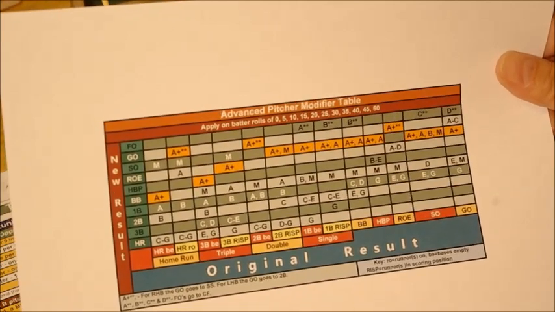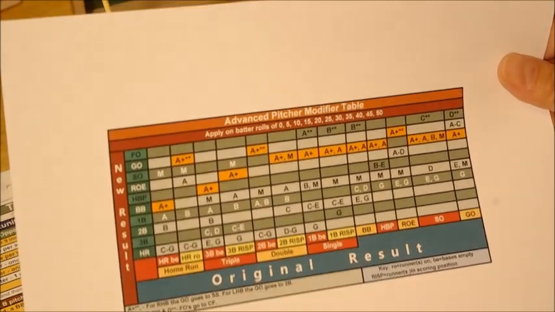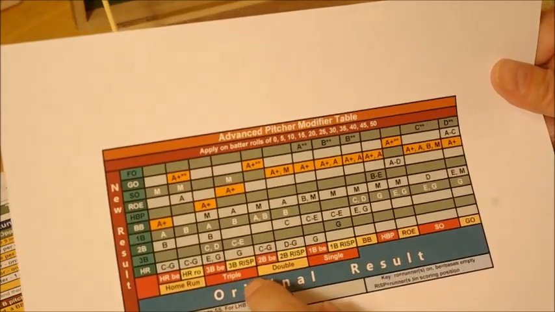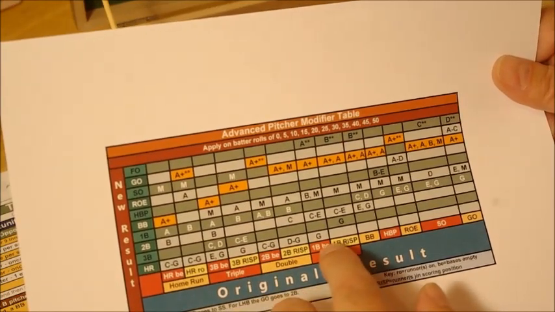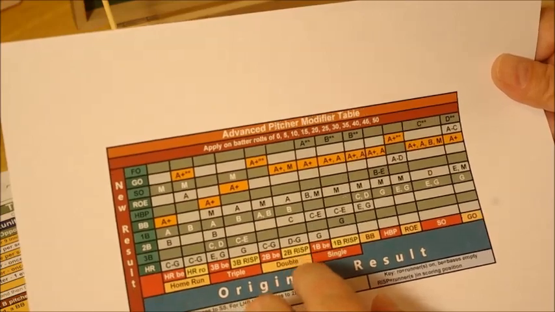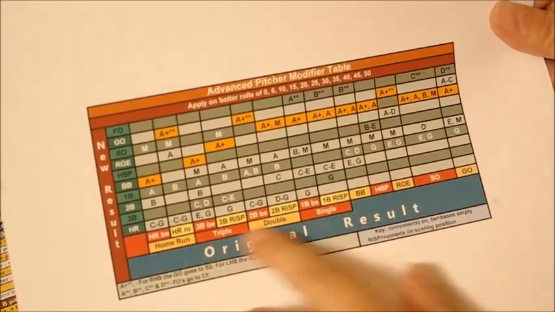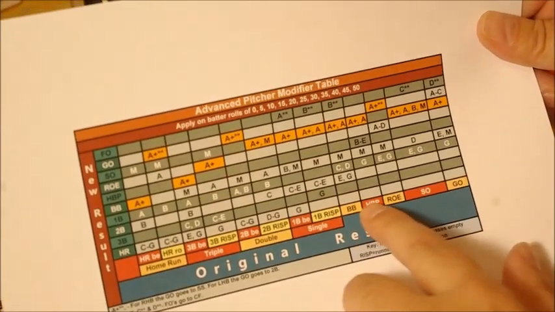When there's a runner on second or third, they have a few extra miles per hour on their fastball, or they go to their good stuff and get out of the innings, where your G or D pitchers not so much. And so you have two columns for the hits, but walks and everything else is the same.